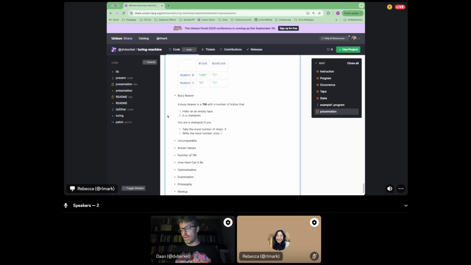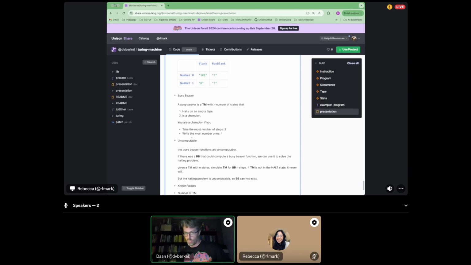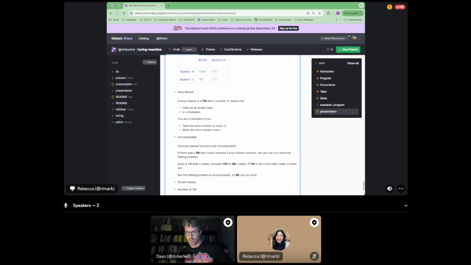And the interesting thing is that this is an uncomputable function. I haven't said what it is, but we've already seen an example of an uncomputable function. The busy beaver function is one where there cannot be a Turing machine that calculates it.